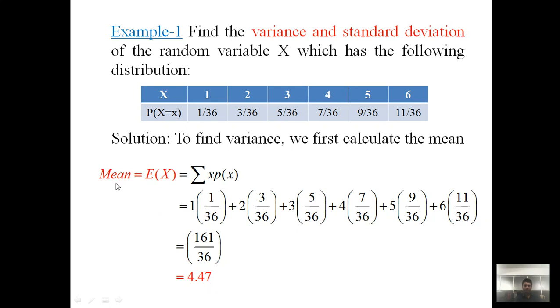So the mean is 4.47. In this example we are interested in calculating variance, but first we have to calculate the mean, because to calculate variance we require the value of the mean.